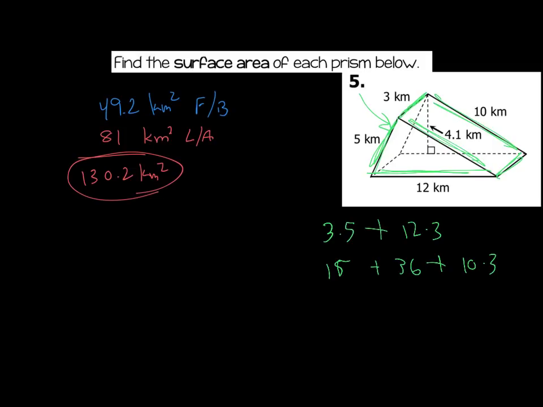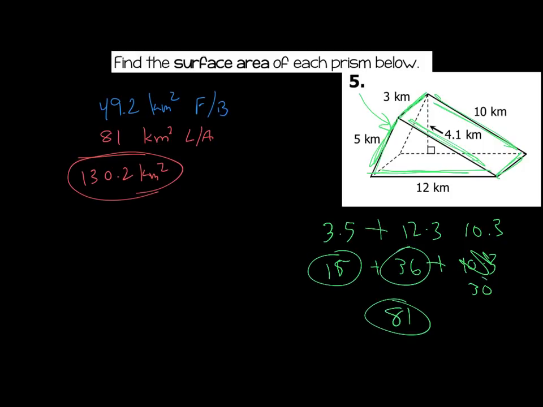That's another 30. And if you add that all up, you still get 81. So either you look at it as 3 individual pieces, or the unfolding version, the entire length, that perimeter, times the height, and look at it as one giant rectangle. It's up to you on how you deal with that. But either way, this is 130.2 square kilometers of surface area, all told.